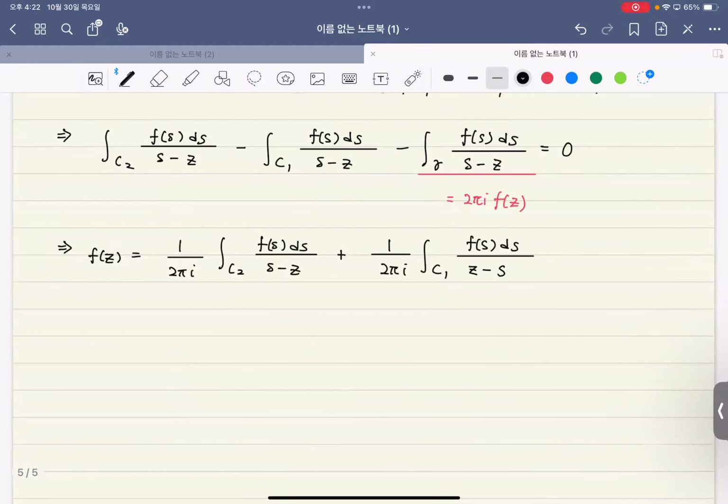Now, I want to use the same trick that I used when I was trying to prove Taylor's theorem. Inside of this integrand, I have this guy over here.